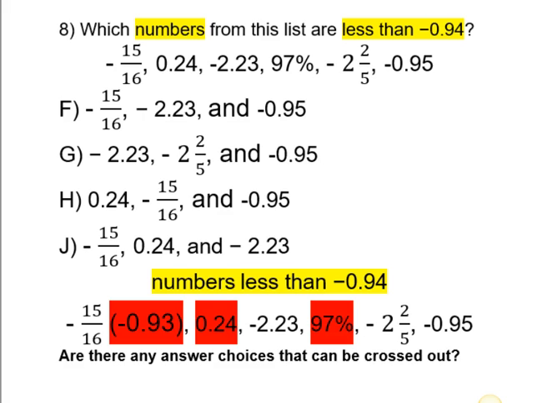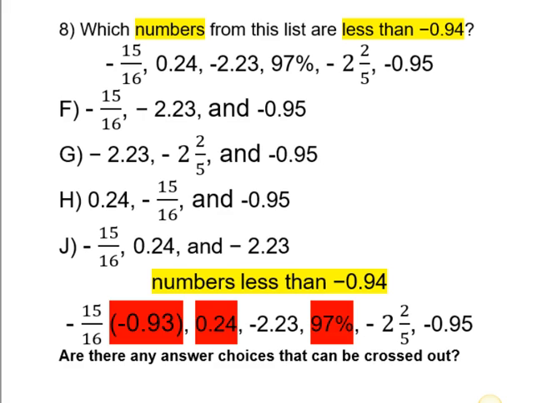Okay, so since we see these numbers, now we can look in our answer choices to see if there are any wrong answer choices we can cross out. And that's pretty cool because we didn't even need to do conversions or anything else yet. Just looking to see, okay, are there any positive numbers? Are there any numbers that are greater than negative 0.94 that I can immediately spot and then cross them out in my answer choices to help increase the chances of me getting the right answer.